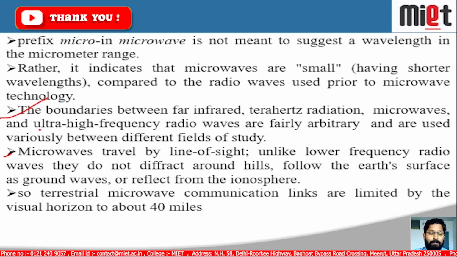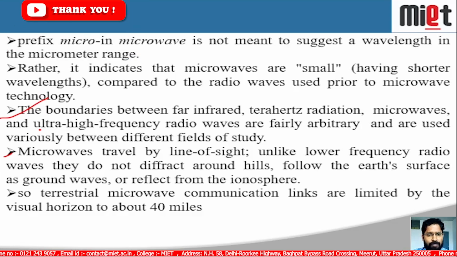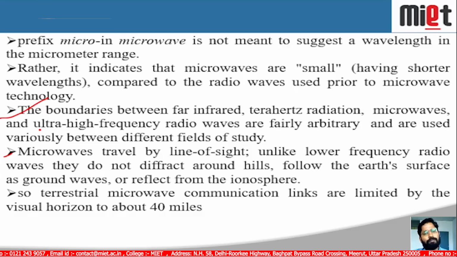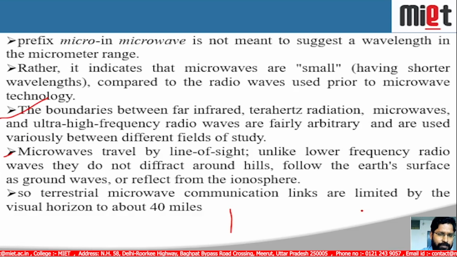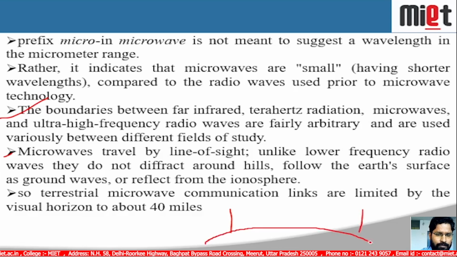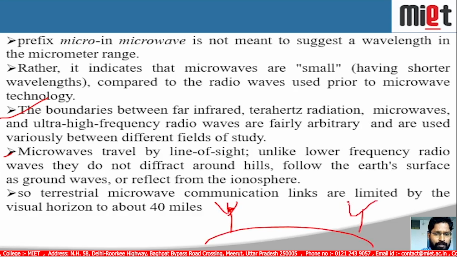I am also giving some introduction about these wave propagations. In ground wave propagation, the waves are propagated through the Earth's surface. In terms of line of sight, suppose this one is the transmitter and this one is the receiver, this one is the Earth, this one is an antenna, and this one is also an antenna.